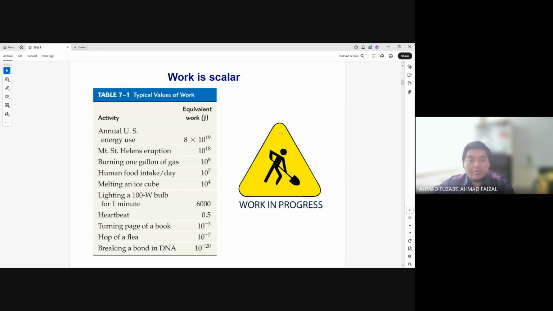When two vectors multiply, you get either a vector or a scalar. But for work, because we obtain a dot product, work is a scalar quantity. Therefore, we don't need to put a direction on work.